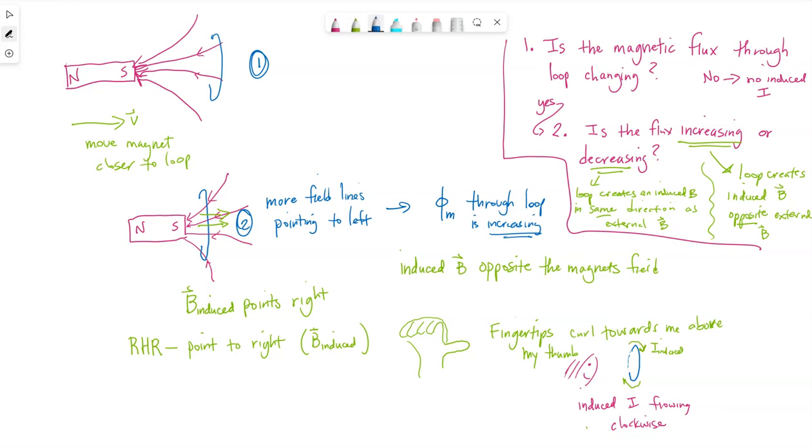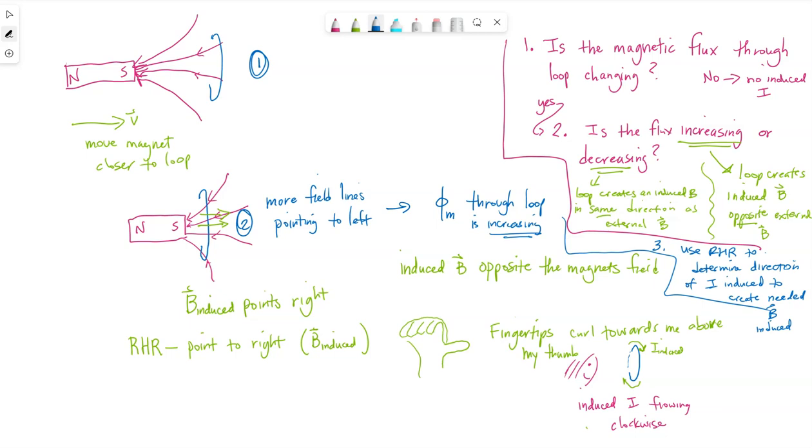Regardless of which case, step 3 of this problem is to use the right-hand rule to determine the direction of current induced to create the needed B induced. So anytime you're looking at induction, inducing these currents, make sure you just slow yourself down and go through the thought process.